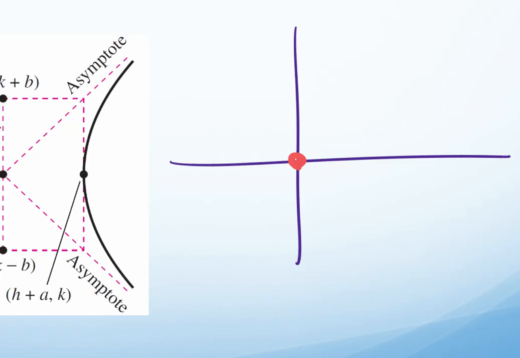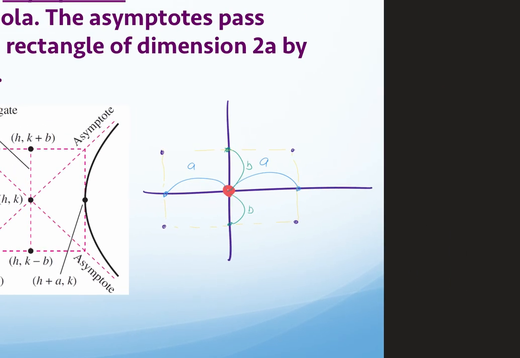I'm going to go to the right whatever distance A is, and the left whatever distance A is. I'm going to go up whatever B is and down whatever B is. Then from those vertices and co-vertices, you make a little rectangle, and through the corners of that rectangle, you draw your asymptotes.